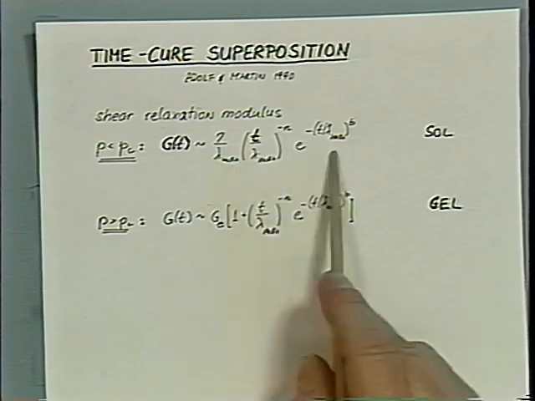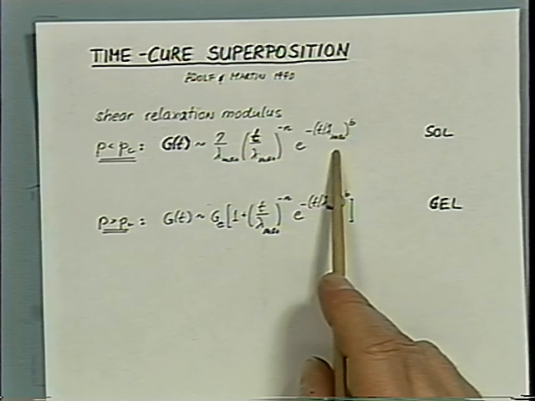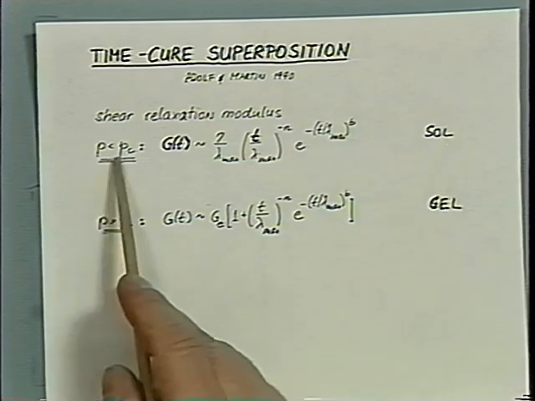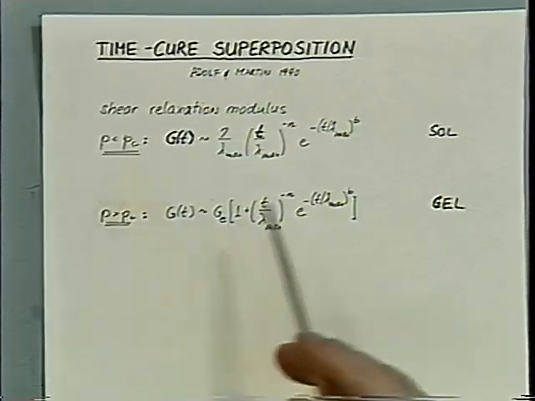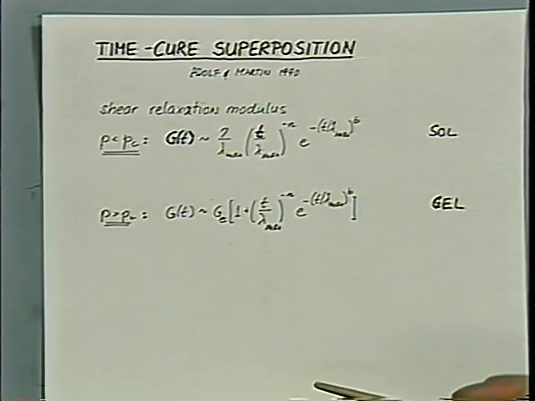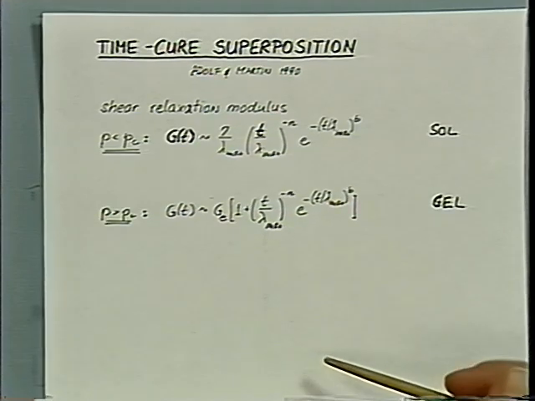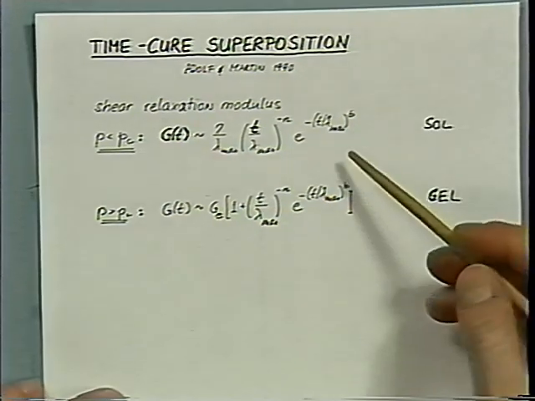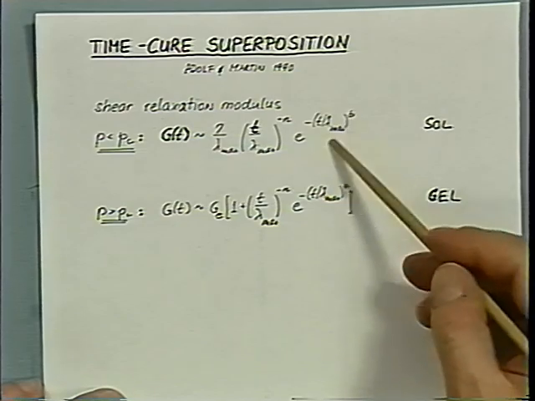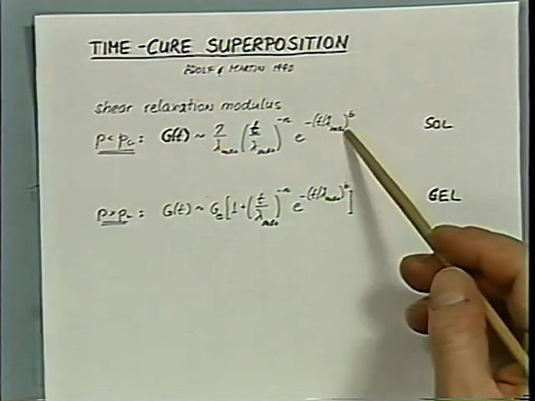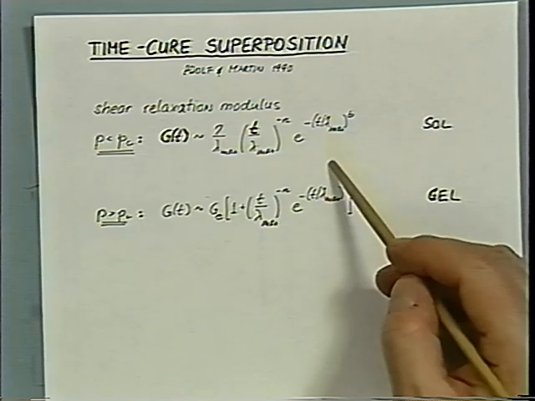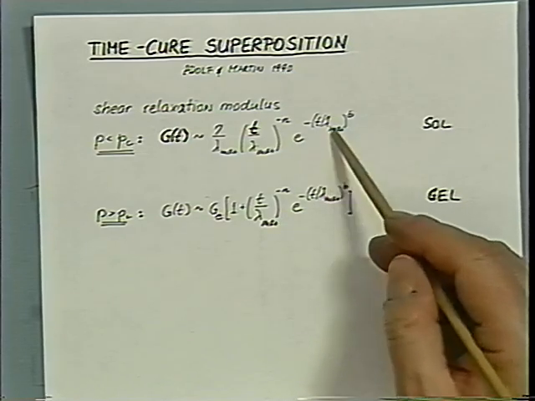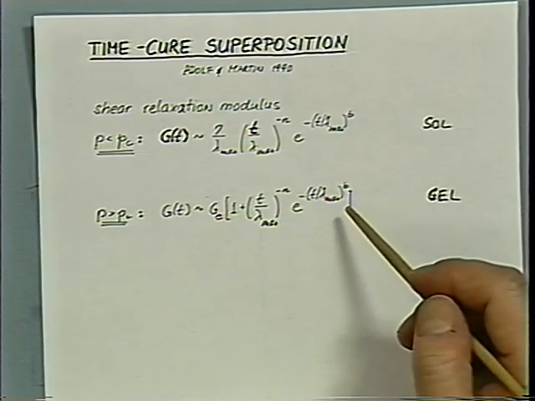So if the shape is the same, then you can use data in the liquid state at different distances from the gel point and shift them all into each other to get a representation of the spectrum closer and closer to the gel point and over a wide time range, by having a characteristic time, lambda max, changing during the experiment.